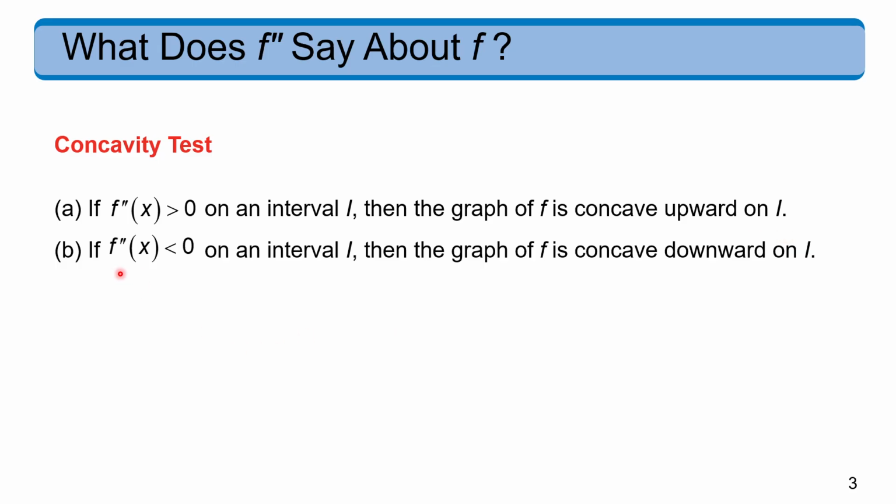On the other hand, if the second derivative is negative over some interval, the graph of f is concave down on the same interval. So this is what I've been suggesting as we build up to this: the second derivative tells us about concavity, just like the first derivative tells us where a function is increasing and decreasing.